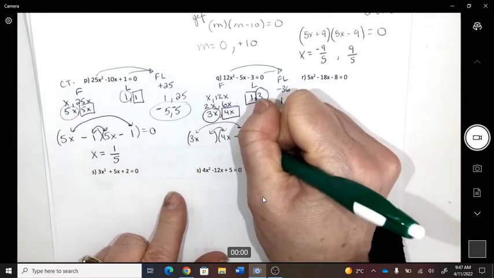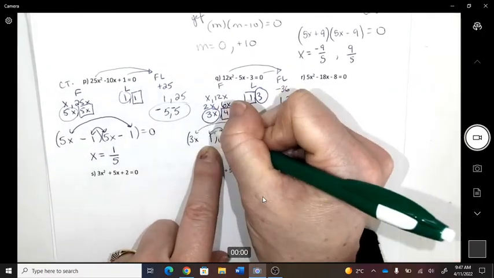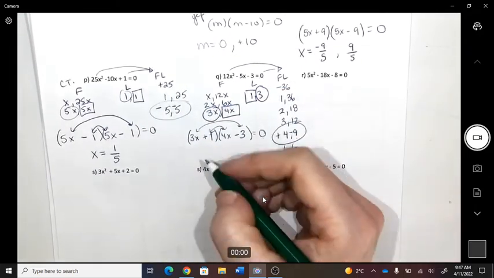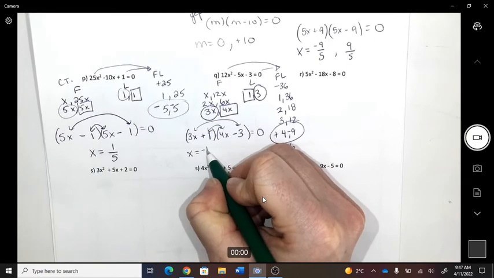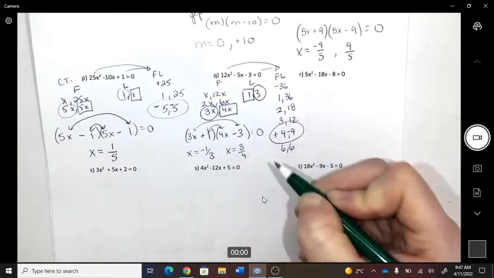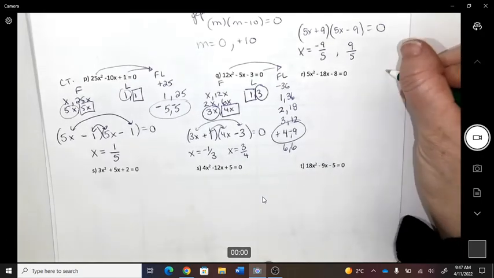That's going to be my negative 9x. 4 with 1 plus 4x. Okay, why don't you try one of them on your own? See what you can do.